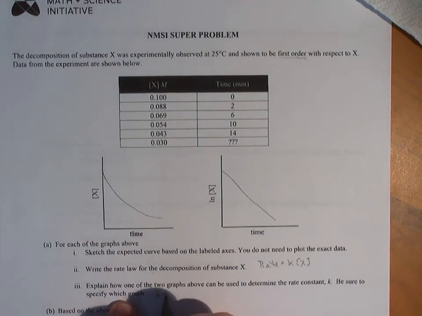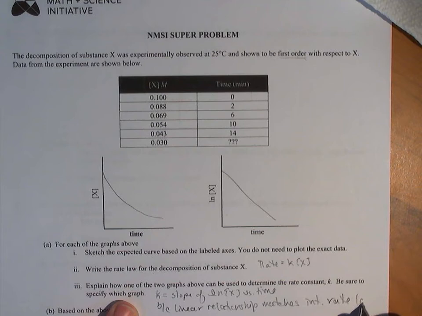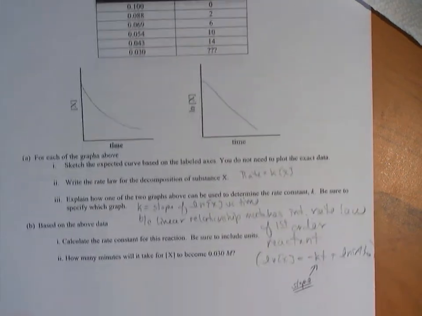So k will be the slope of the natural log of x versus time, because the linear relationship matches the integrated rate law of a first order reactant, and I would give the equation, natural log of x equals negative kt plus natural log of A naught, and say slope. And we're good.